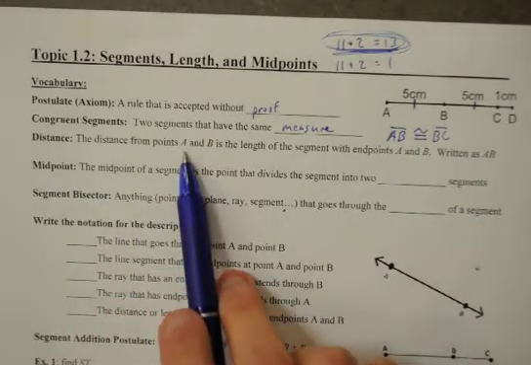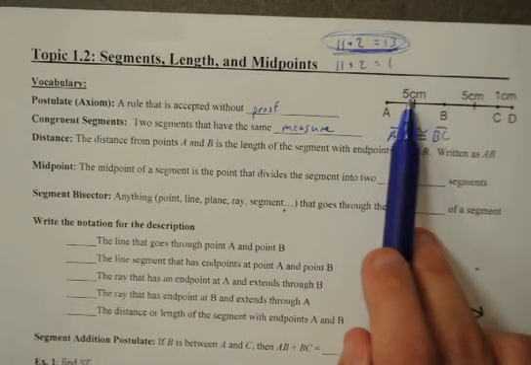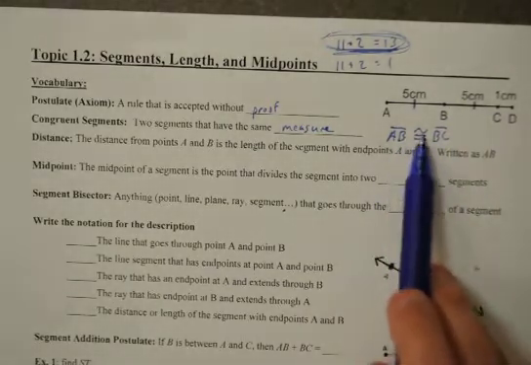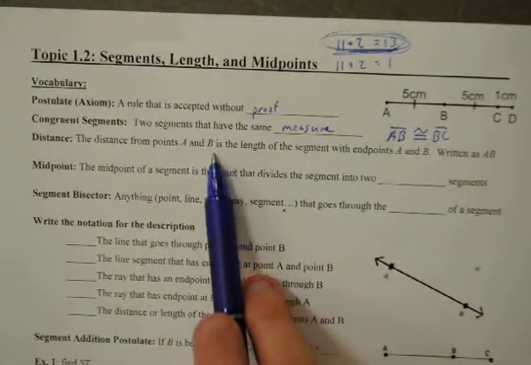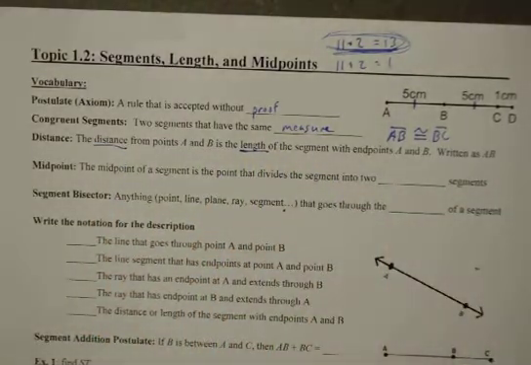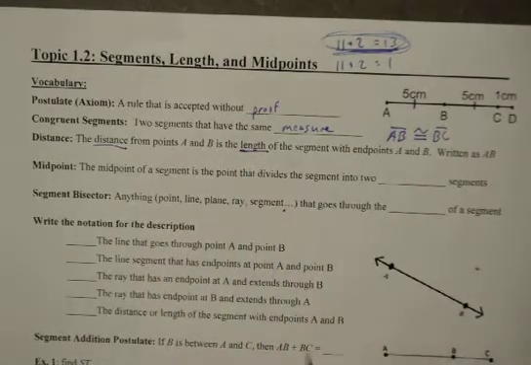Distance. The distance from points A and B. In this picture, the distance from A to B is 5 centimeters. The distance from B to C is 5 centimeters, thus making them congruent segments. Distance is the same as length. So I might ask you to find the distance, I might ask you to find the length. It means the same thing.